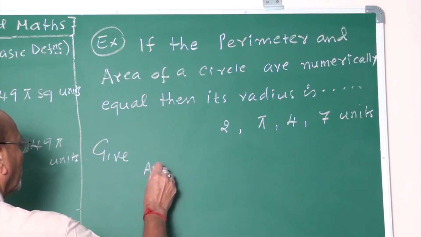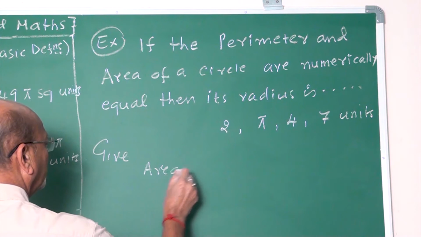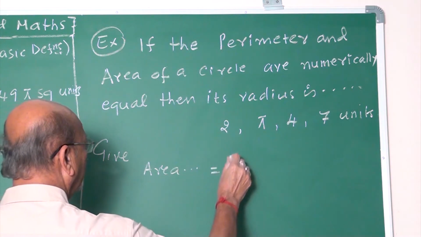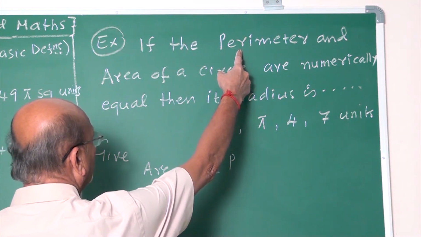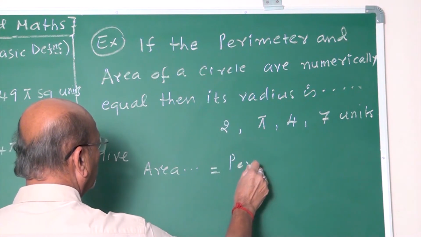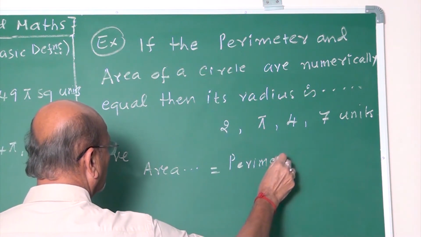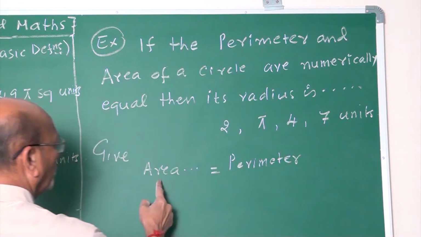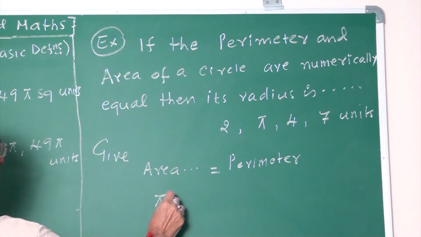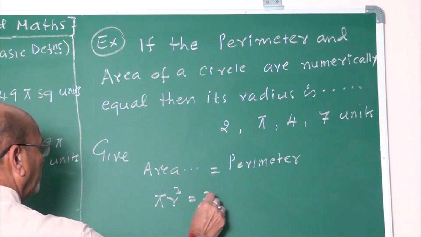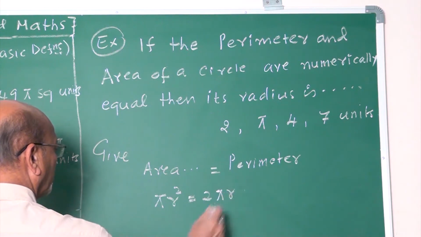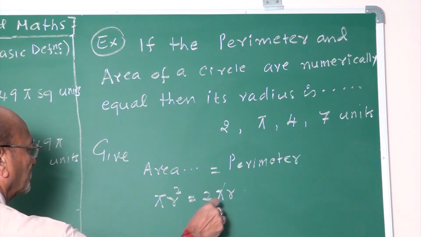Given the area of the circle equals the perimeter of the circle. Perimeter and area are equal. What is the formula for area? Pi r square. Perimeter is 2 pi r. Pi cancels, my friends.